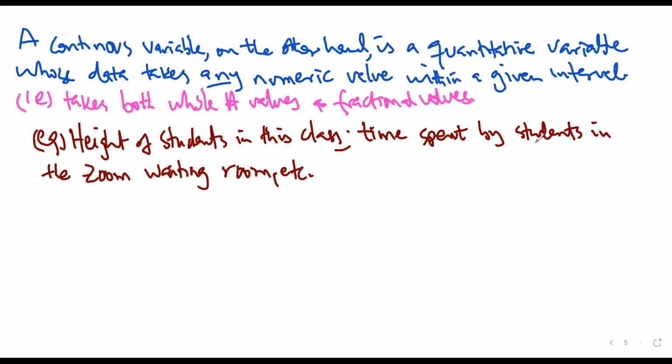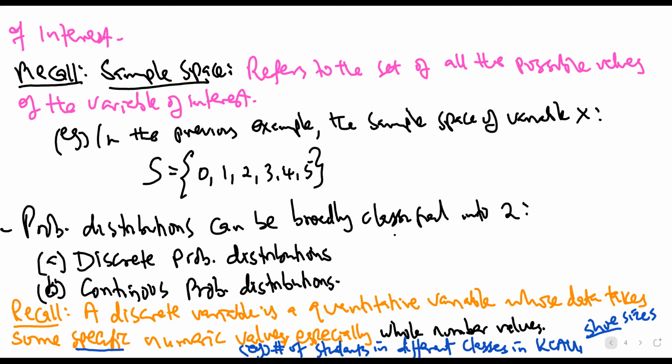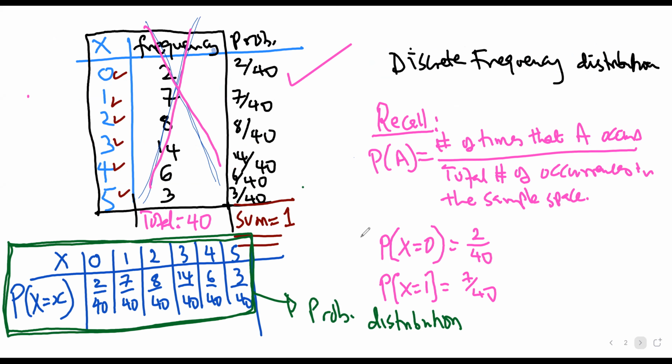So with those two distinctions, it becomes quite easy for us to differentiate between a discrete probability distribution and a continuous probability distribution. We say that a probability distribution is said to be discrete if the variable in question is discrete. For example, in this illustration here, we were dealing with X, which was a discrete variable.